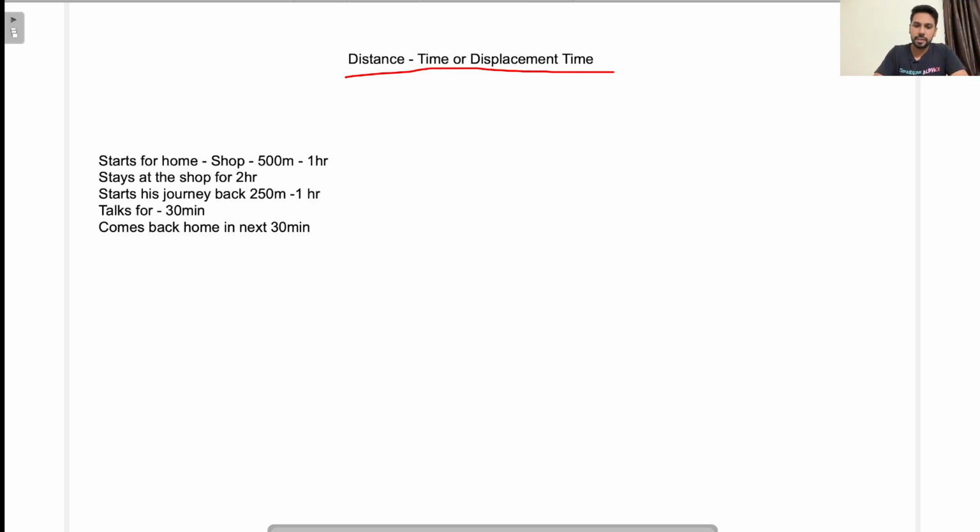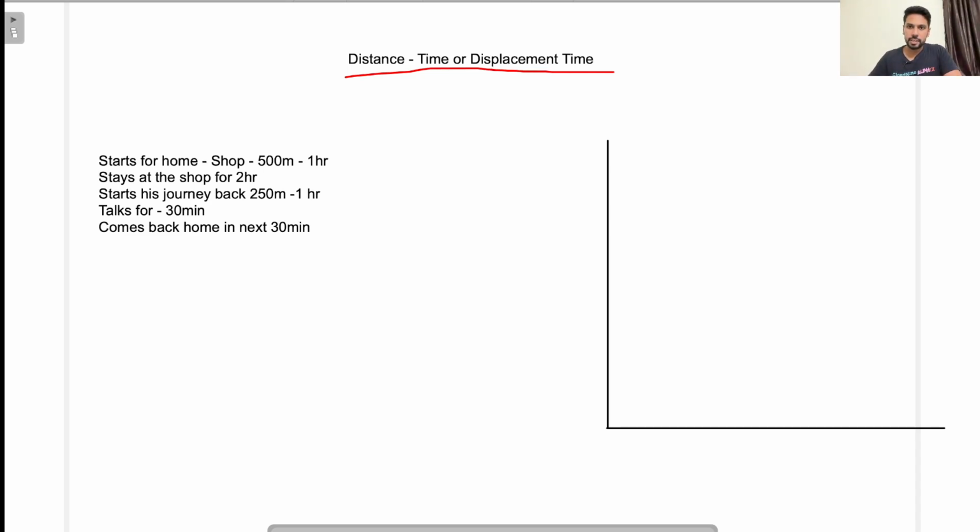First of all, let me make a distance time graph. In a distance time graph, my y-axis is the distance and my x-axis is the time, which is a very fundamental thing to remember.